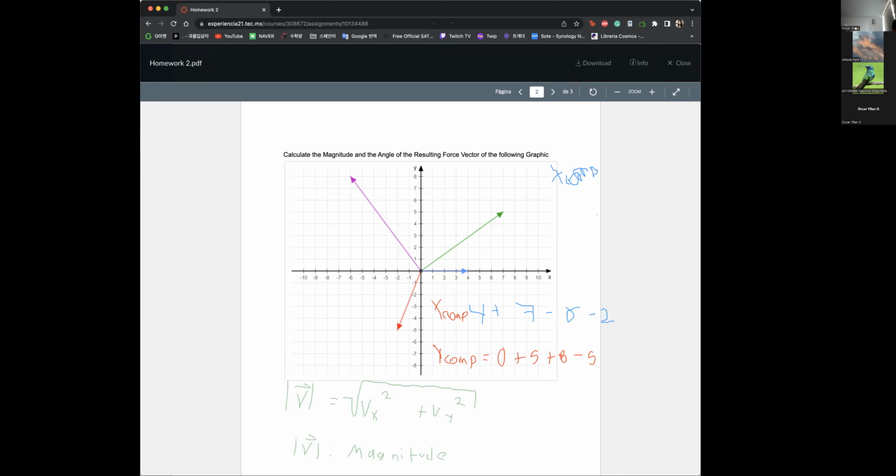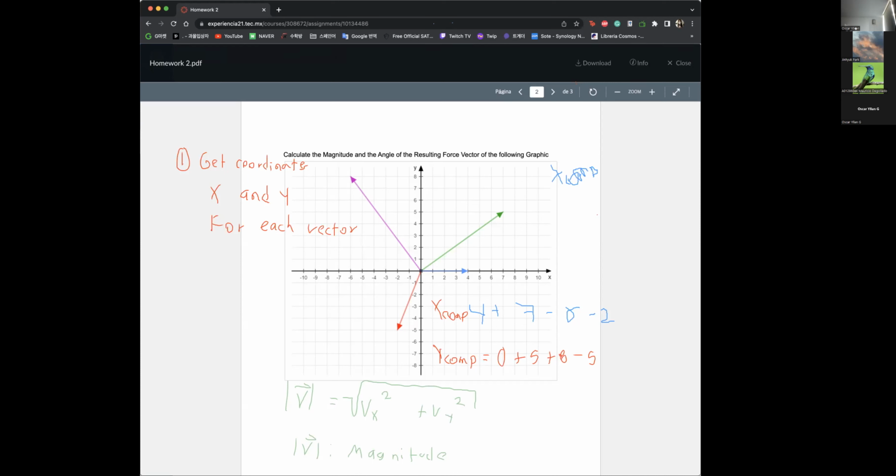Okay. Remember that always the first step is to get the X and Y for each vector.